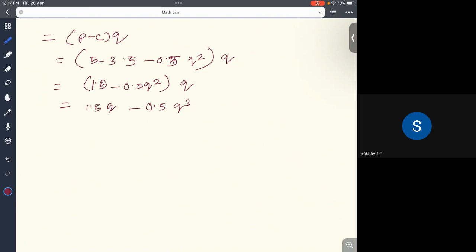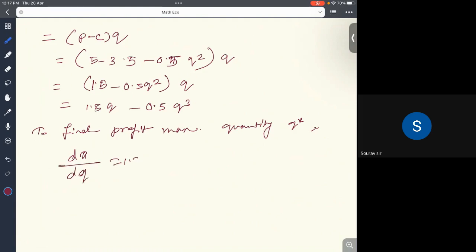Now to find the profit maximizing quantity, that is Q star, we take the derivative of pi with respect to Q and set it equal to 0. That is the normal method of optimization. So d pi dq is equivalent to 1.5 minus 1.5 Q square is equal to 0.